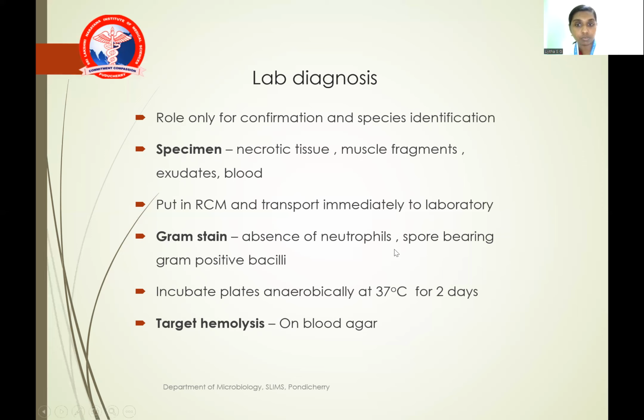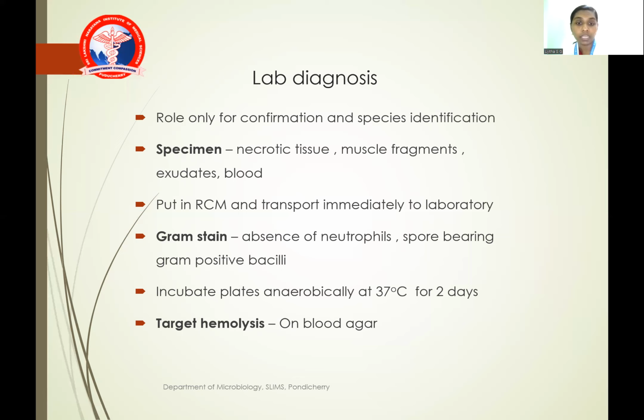Regarding spores, usually for Clostridium perfringens we can't see spores in the clinical sample. For other species, as I have told you, it is polymicrobial, and spores may be seen, which I will describe later. So the absence of neutrophils is a peculiar feature.